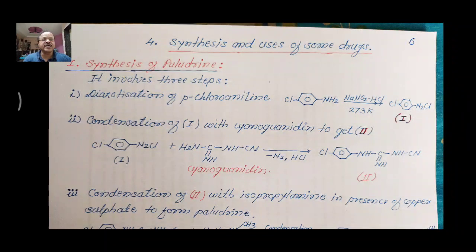So the first drug is paludrine, and its synthesis involves 3 steps. The first step is diazotization of parachloroaniline.